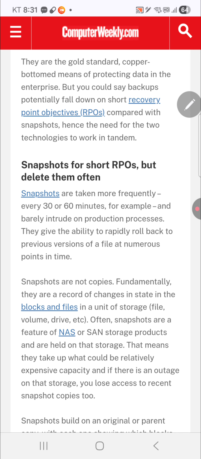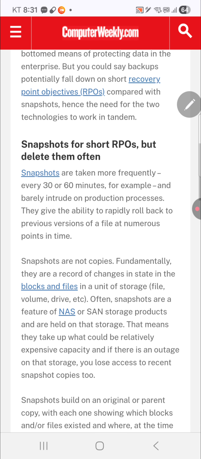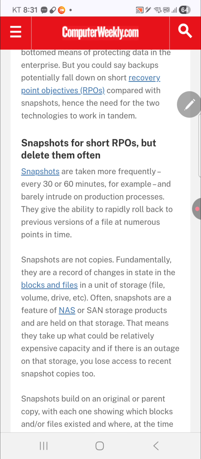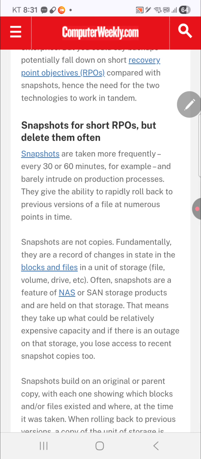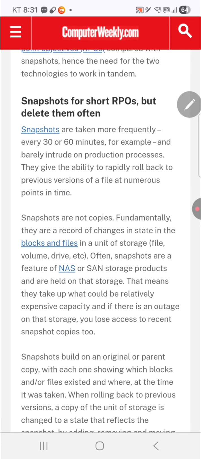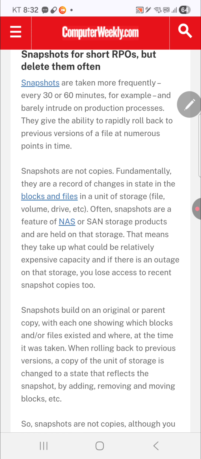Snapshots for short RPOs, but delete them often. Snapshots are taken more frequently, every 30 to 60 minutes, for example, and barely intrude on production processes. They give the ability to rapidly roll back to previous versions of a file at numerous points in time.